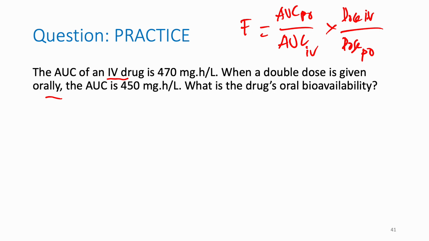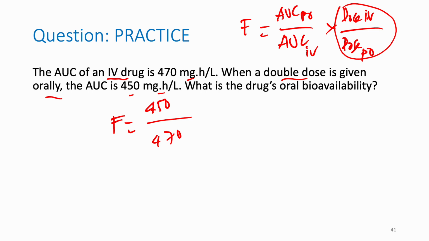So to calculate F, you have F equal to AUC of oral. AUC of oral is 450. Because they have the same unit here, I don't write the unit. Divided by AUC of IV, which is 470. Remember, the dose is different, so make sure that you account for this factor. Because the dose of the oral is 2 times the dose of the IV, if I have 1 dose for the IV, the oral dose is 2 doses.